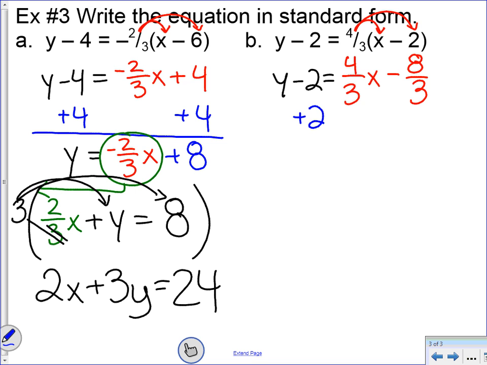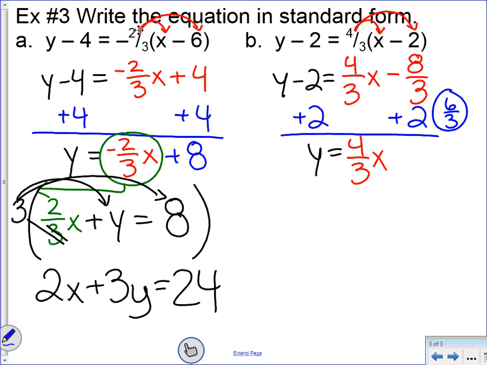Add the 2 to the other side to put it in slope-intercept form. So y equals 4 over 3x. And then don't forget to add 2. Common denominator would make that 6 over 3. So negative 8 plus 6 is negative 2 over 3.